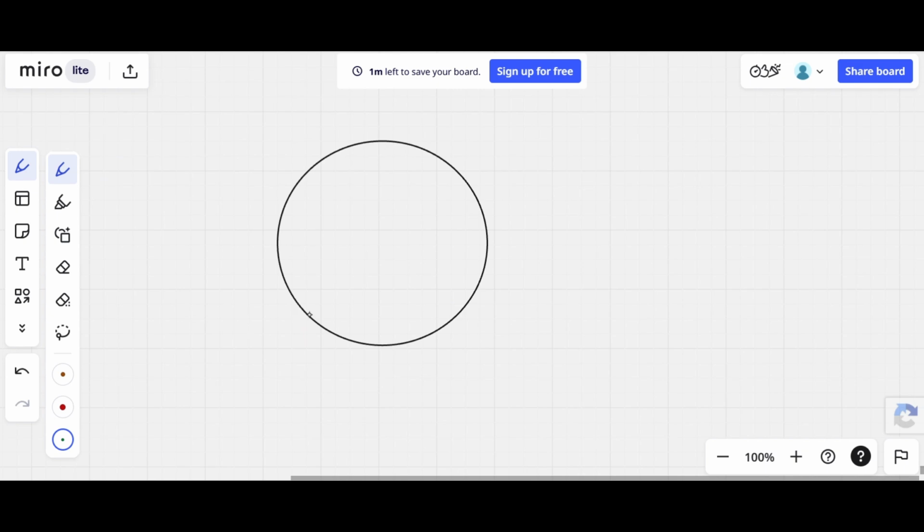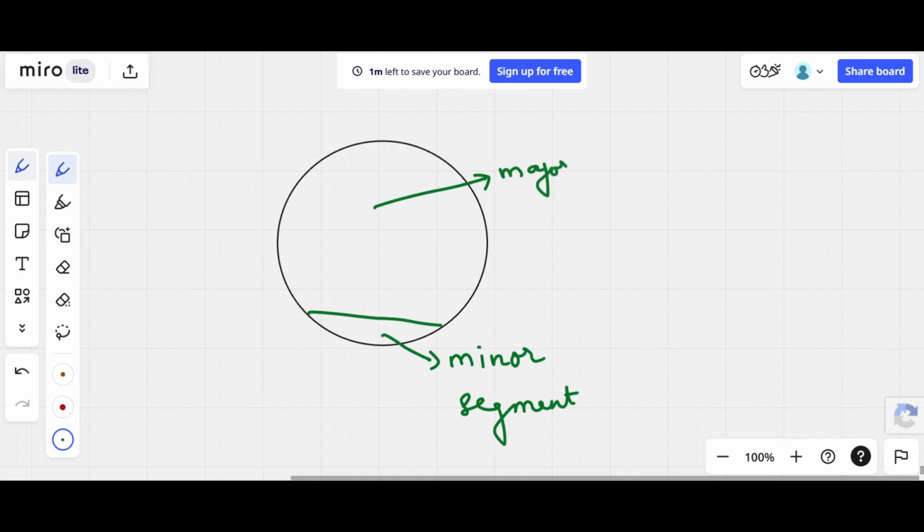After sector, if I make a chord like this, the circle is divided into two parts. The smaller one is called the minor segment, and this one is called the major segment.